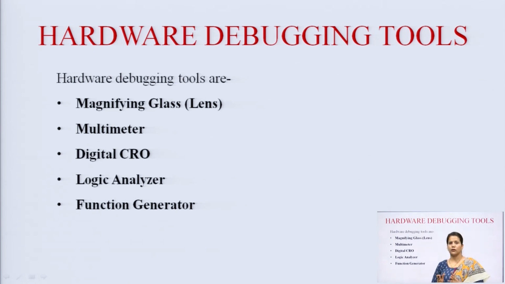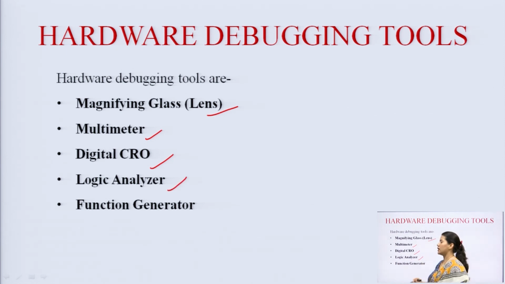Let us have a quick review of all these tools, because as you have already seen in your labs, all these things are available in your labs. First is the magnifying glass, that is a simple lens. Next is the multimeter, which is used to test various signals. Digital CRO is very common in all the basic electronics labs, and it is used to check the glitches, errors or noises present in the various signals on the screen.